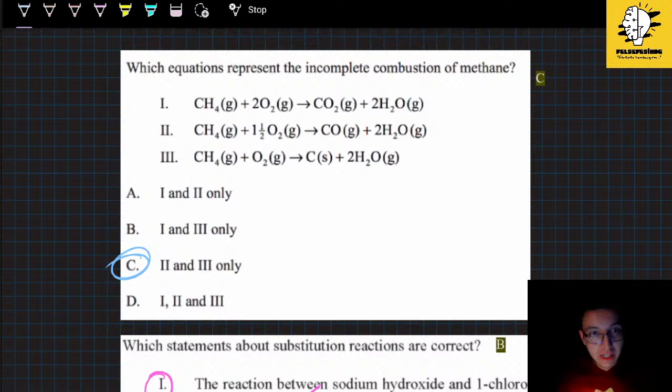And what we suggest as felsefesinde team is that there might be a question about acids and bases in paper 2, because it is about calculation, and this is one of the very last topics that we have covered so far.